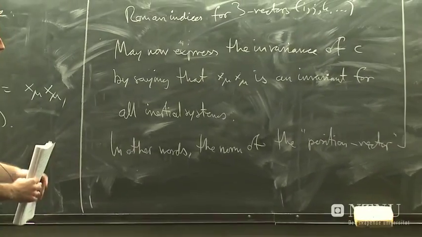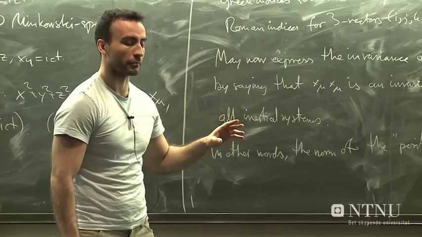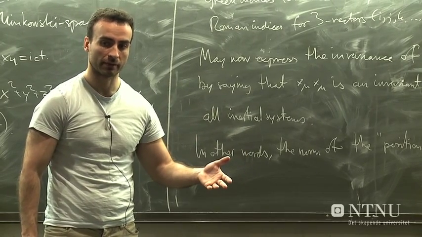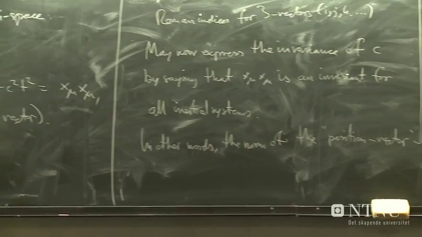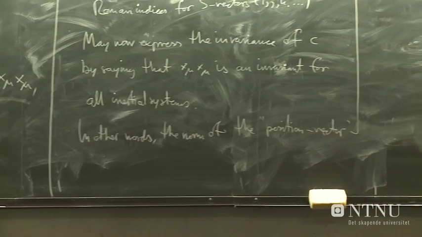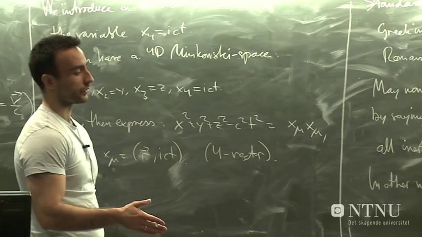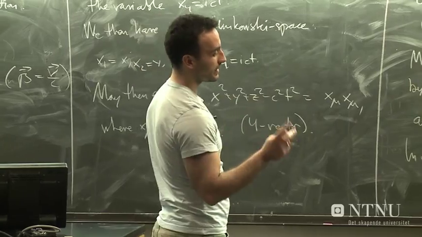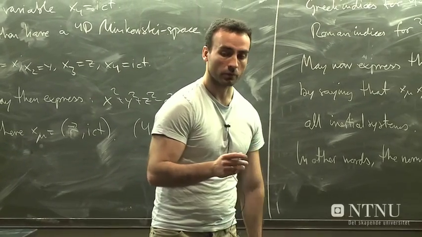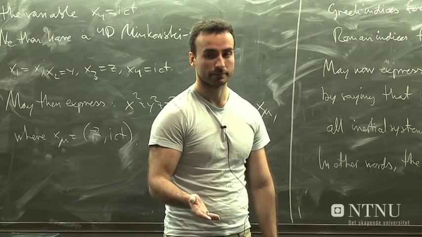In other words, the norm of the position vector x mu in Minkowski space, which you can think of as a sort of position vector in Minkowski space, is invariant under Lorentz transformation. And the reason why I would like to highlight this is that it's completely analogous to what we considered when we dealt with rotations. We thought a rotation would preserve the length of a position vector or any vector.